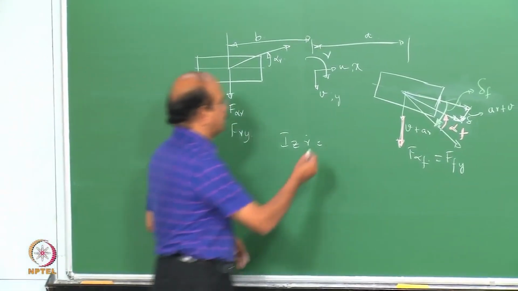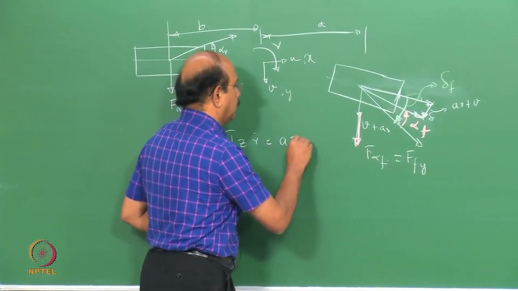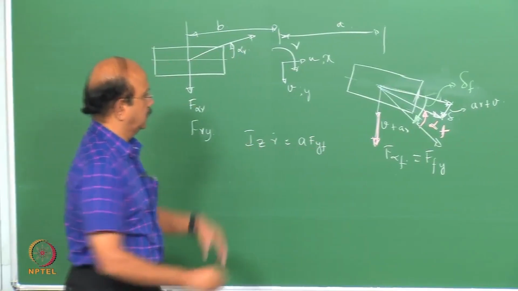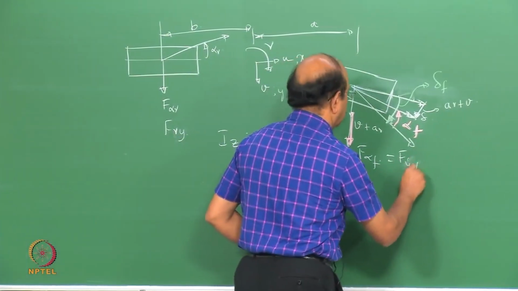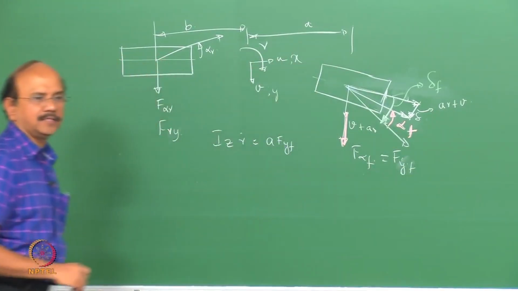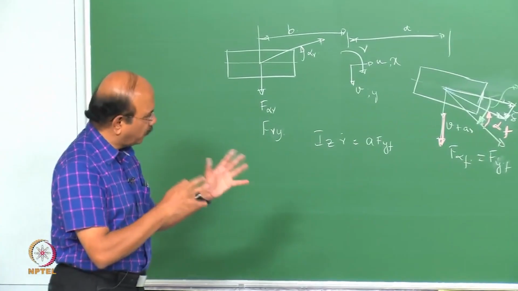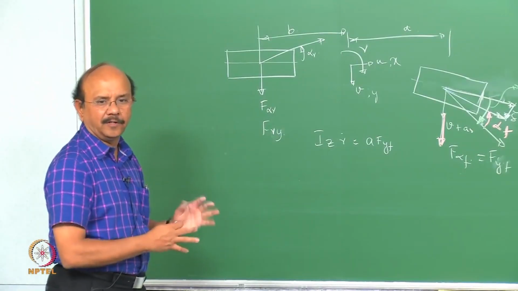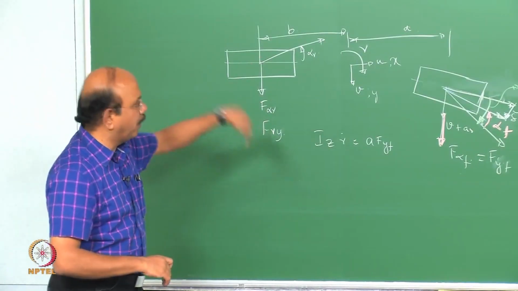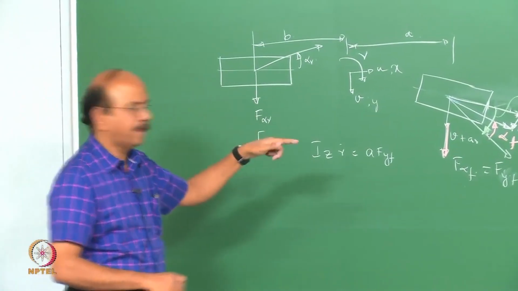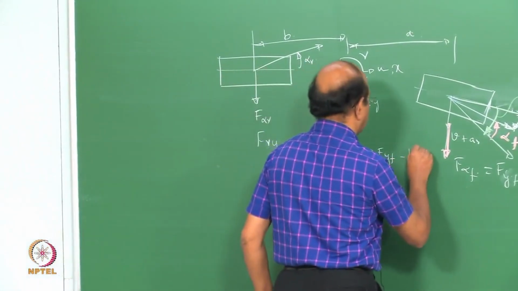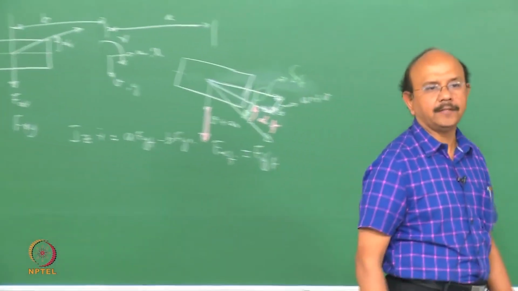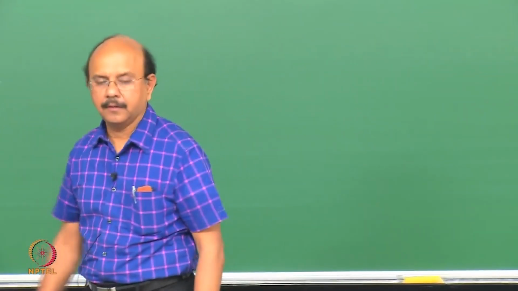So what is that? A into Fy front, or Fyf. It's easy to call it Fyf, because if you follow a textbook, it may give different terminology. You have to understand that clearly. Fyf minus B into Fyr, the rear y direction.